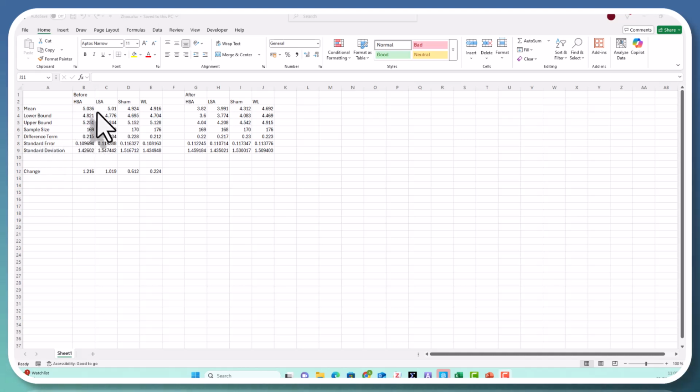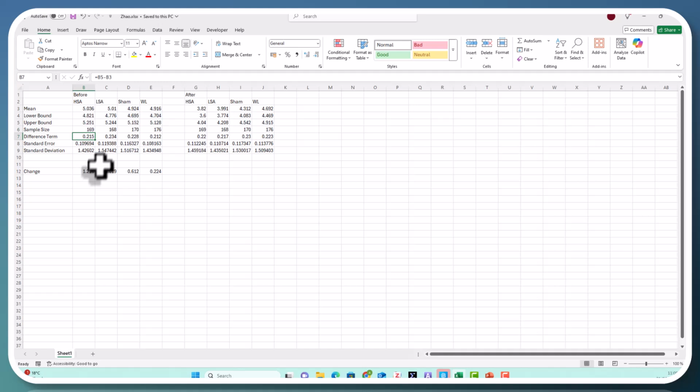So the difference term, you can see it calculated here, is the difference between either the upper bound or the lower bound and the mean. This is 1.96 times the standard error of the mean.